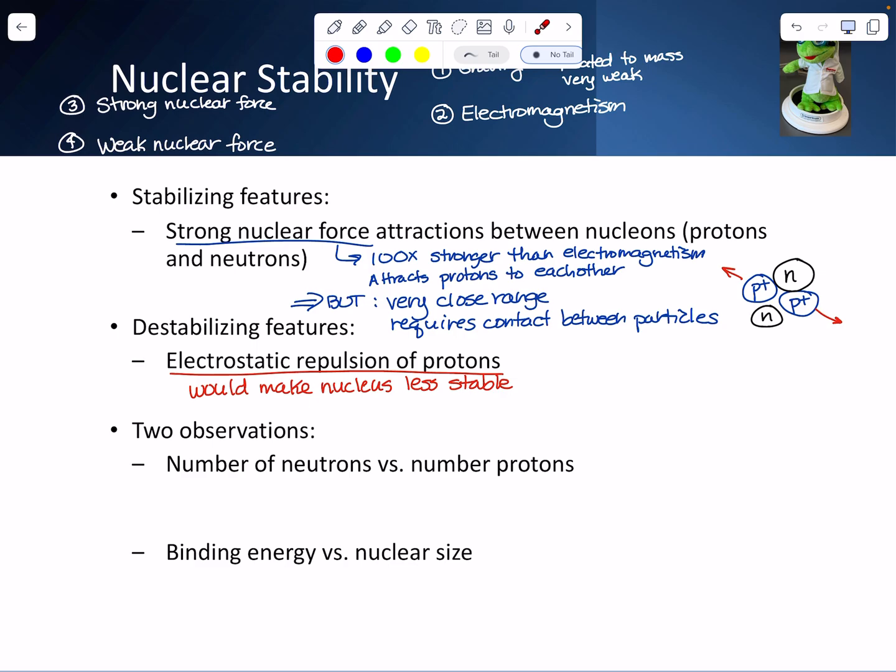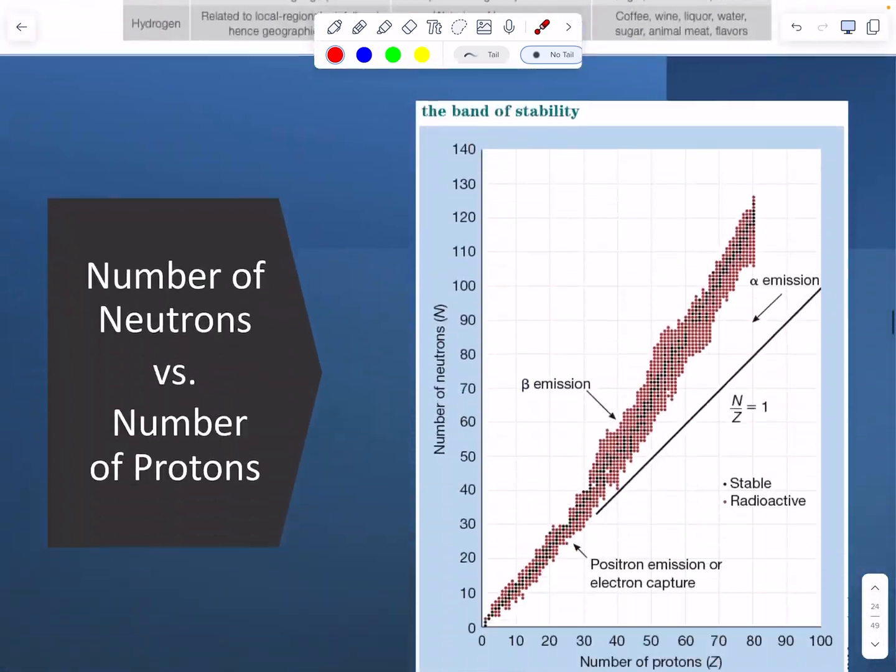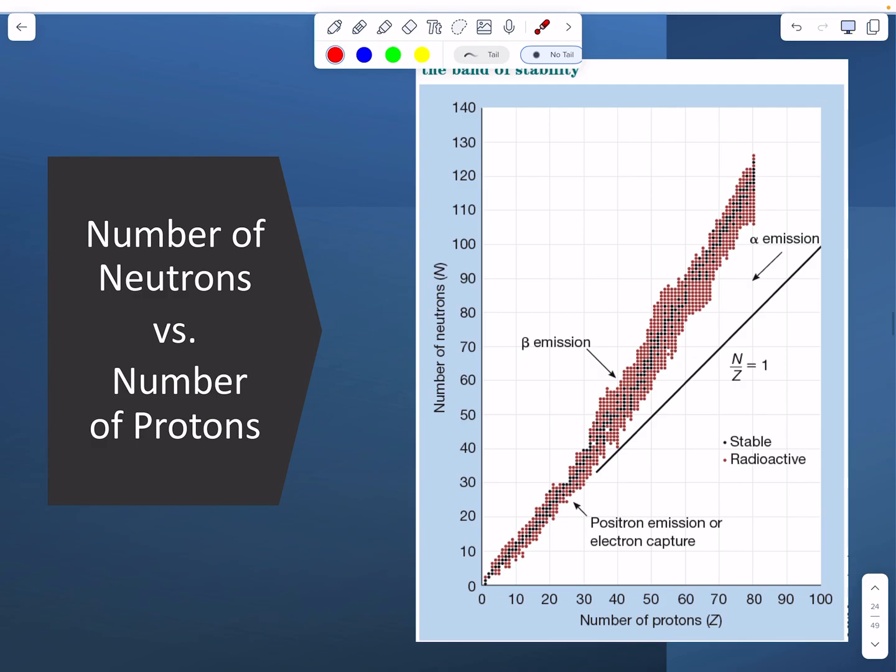Now I'm going to show you this slide. What this figure shows you is the number of protons versus the number of neutrons for different elements. The dots in black are stable.